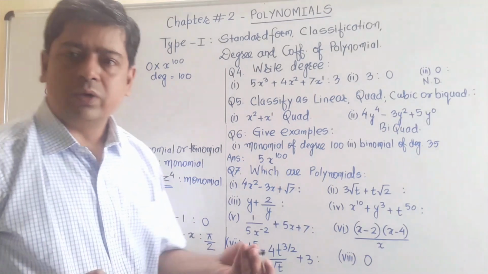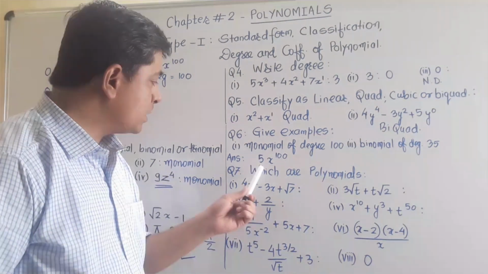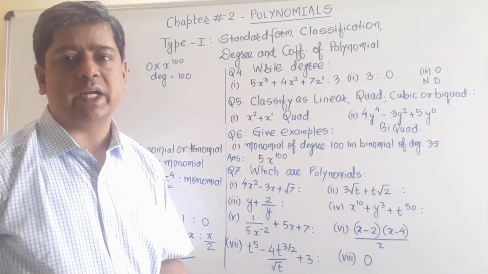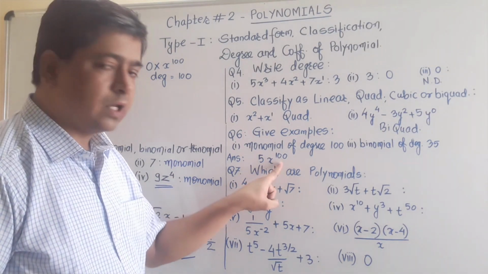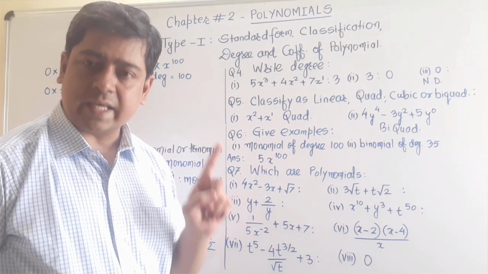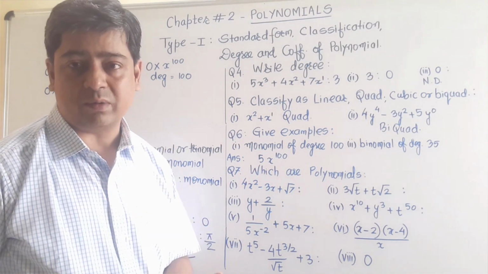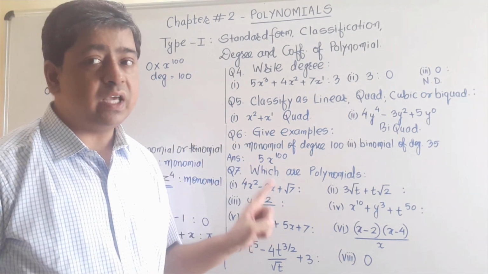You can take y or z in the place of variable x. Here I have taken coefficient 5. You can take any other coefficient, positive, negative, fractional, anyone. Only remember the power of variable should be 100. Second thing, in this example, it should not contain more than one term because they are saying you have to find out a monomial of degree 100.